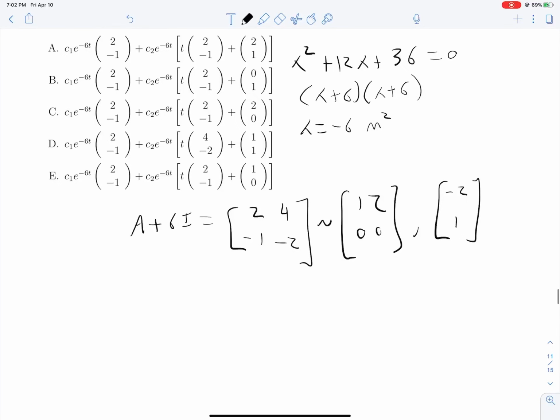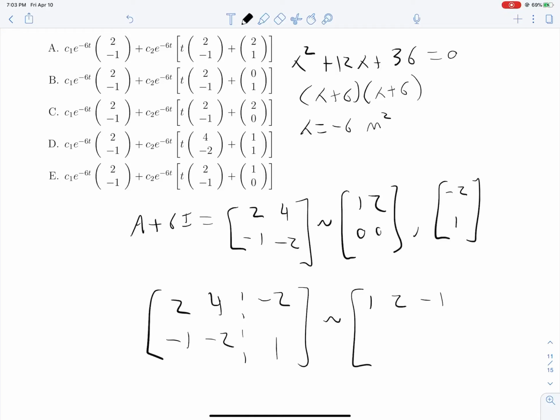And the way we find that generalized eigenvector is taking A minus lambda I, so 2, 4, -1, -2, and smacking the eigenvector that we found on here and making a nice augmented matrix, -2, 1. So we can simplify this down to 1, 2, -1, and 0 out that row.